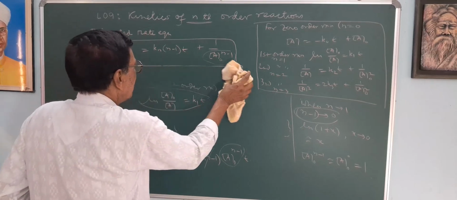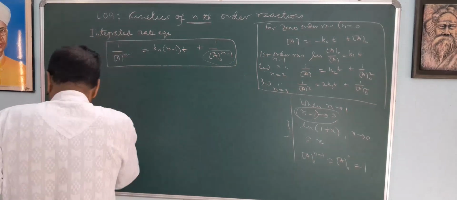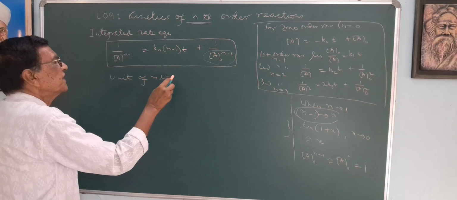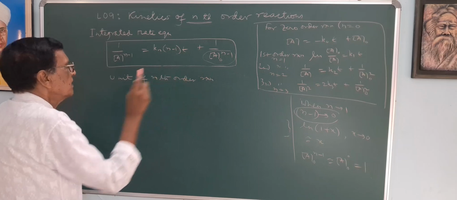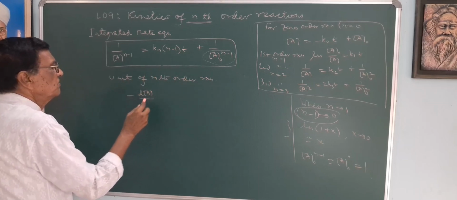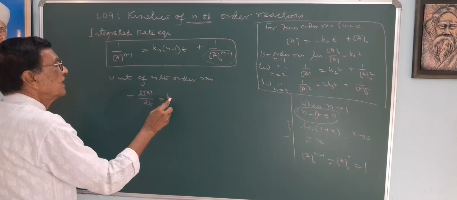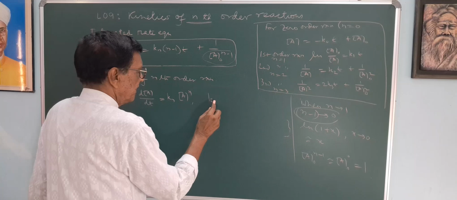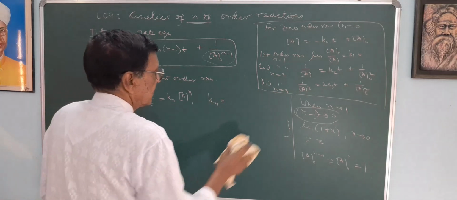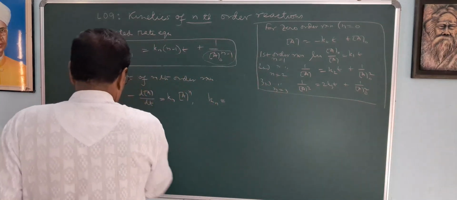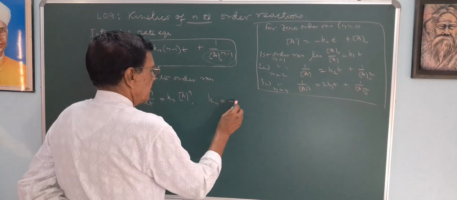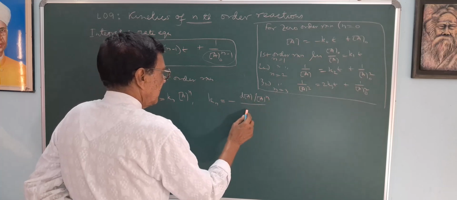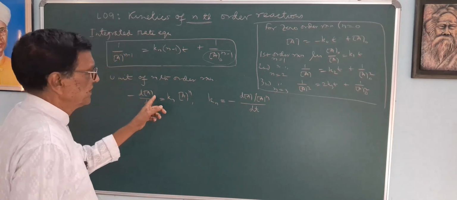If you consider the unit of nth order reaction, we have minus d concentration of A, differential form, divided by dt equal to Kn into concentration of A to the power n, or Kn equal to minus d concentration of A divided by concentration of A to the power n, divided by dt.